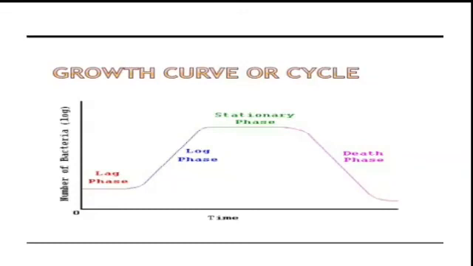In the decline phase, nutrient depletion happens, there is no food, so the bacteria start to die. This is the bacterial growth curve, which has been asked twice in your university question paper. There are 4 phases: lag phase, log phase, stationary phase and decline phase.